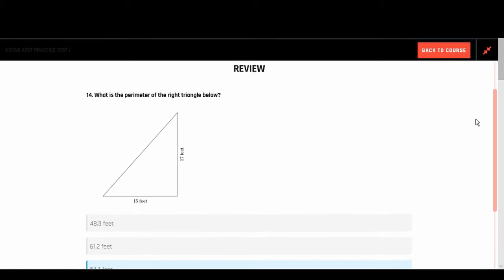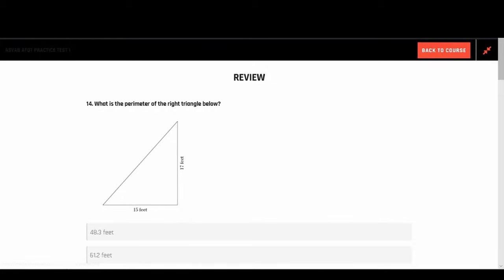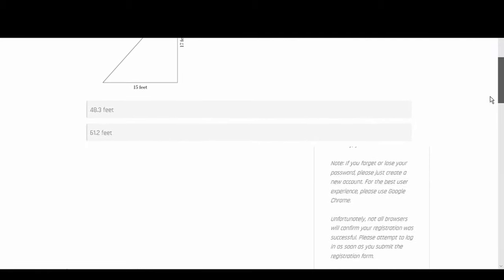Alright, this is probably the toughest problem on this practice test, in as much as it is not something you can solve, in as much as I put something in there to intentionally frustrate you. Okay? So we're given this right triangle and we're being asked to find its perimeter.